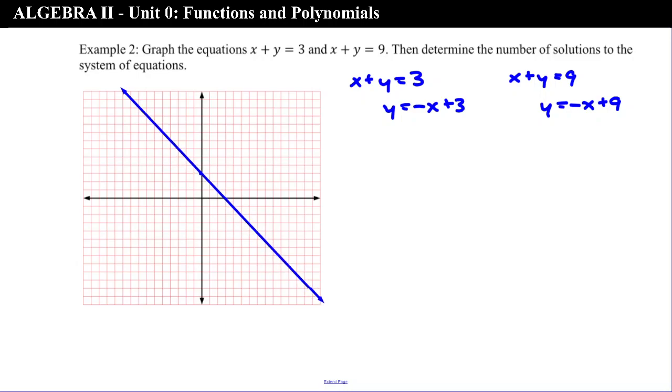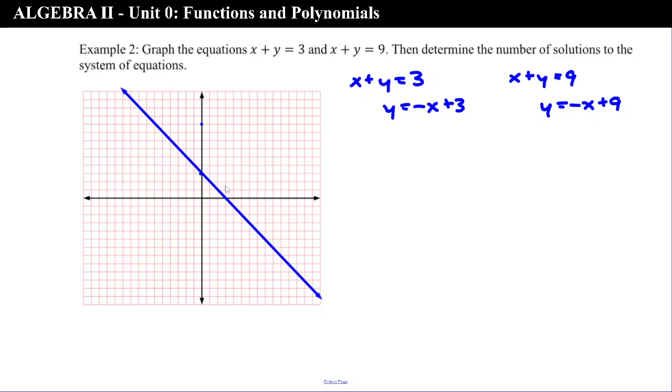Okay, making sure I have it going through correctly. And then our second y-intercept is 9. So we have 3, 4, 5, 6, 7, 8, 9. We're plotting that on the y-axis.